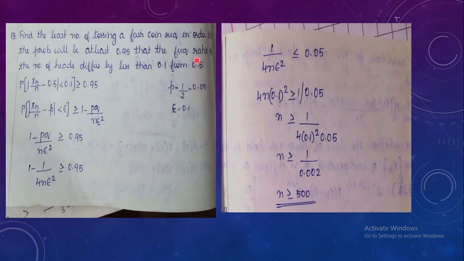Now what does that mean? The difference between the frequency ratio and 0.5 is less than 0.1. So what is the meaning of the whole question? You have to find out n such that the probability that the difference of the frequency ratio and 0.5 is less than 0.1 is at least 0.95. Okay, this is how you break down questions like these.